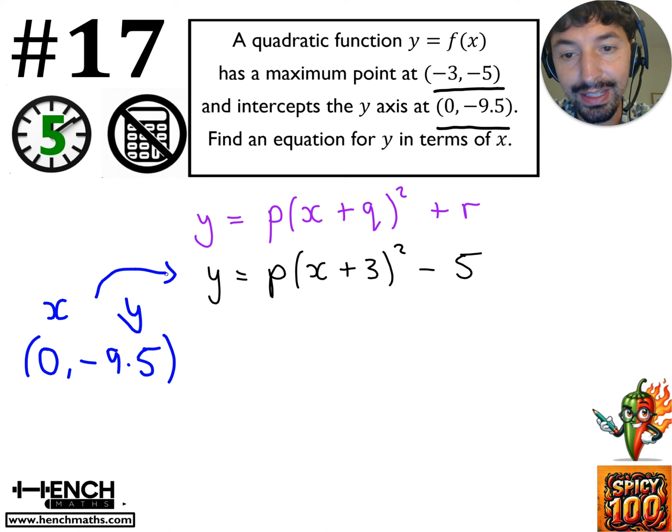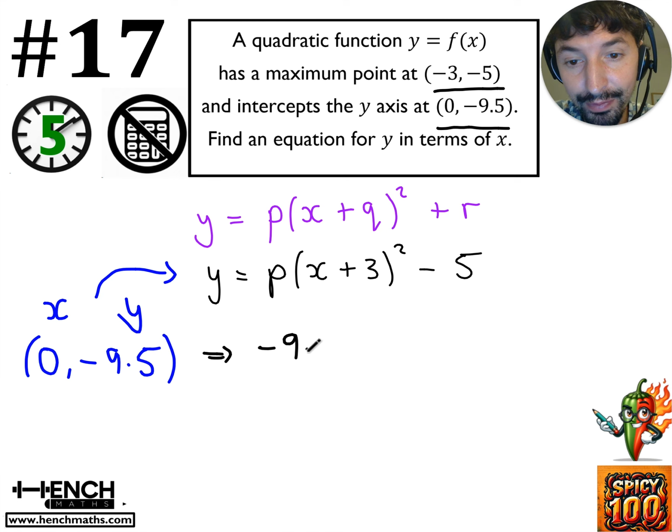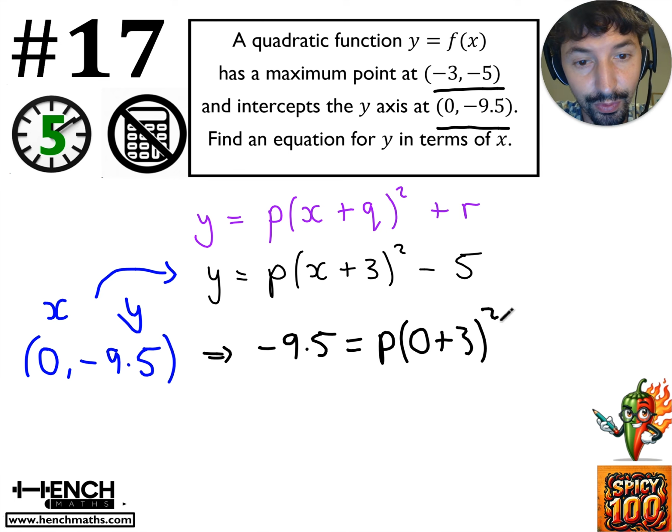We can put these into our equation and find the only remaining constant that's missing, p. So we get -9.5 is equal to p multiplied by (0 plus 3) squared, subtract 5.